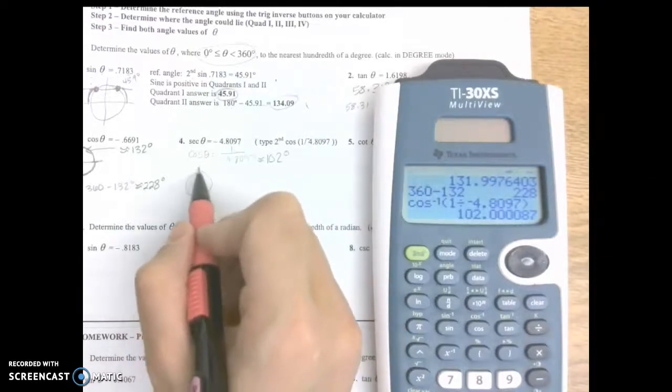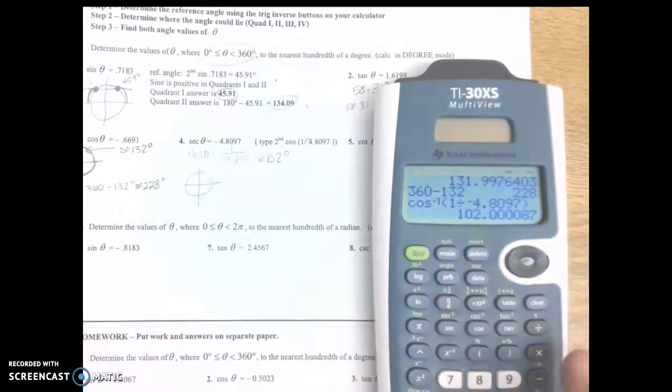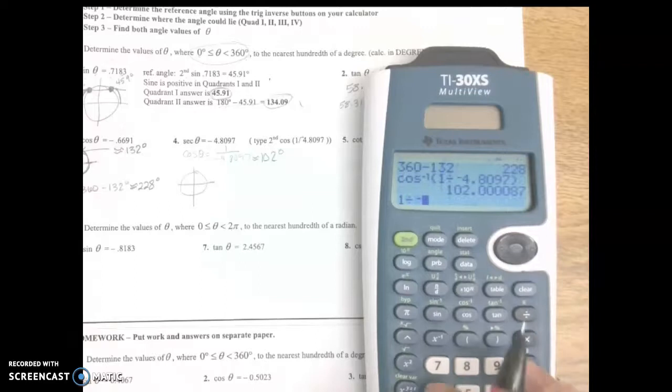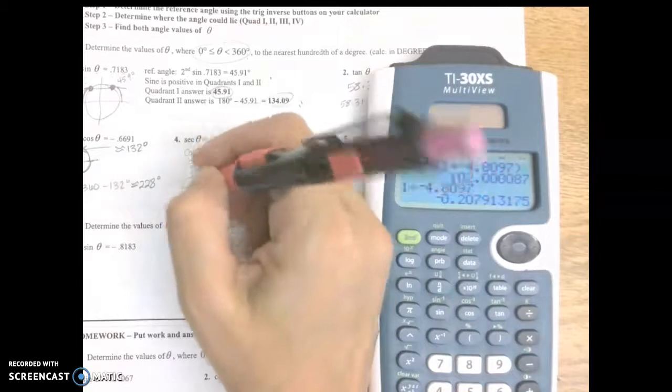So again, here's my circle. This cosine value, the secant, if I really wanted to figure out where it was, then I can just do 1 divided by negative 4.8097. Okay, so that's roughly a negative 0.2, so it's like right in here.